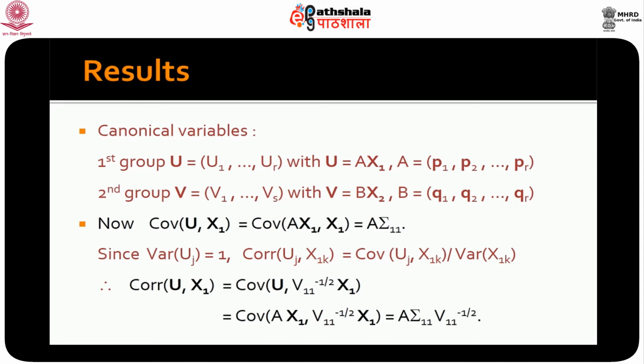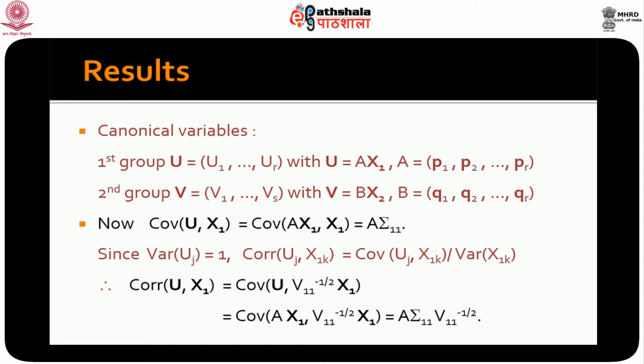Now let us look at the covariance between U and X1. So U is the canonical variable and X1 is the original variable. Now this is given by covariance of AX1 and X1, which is equal to A sigma 11.